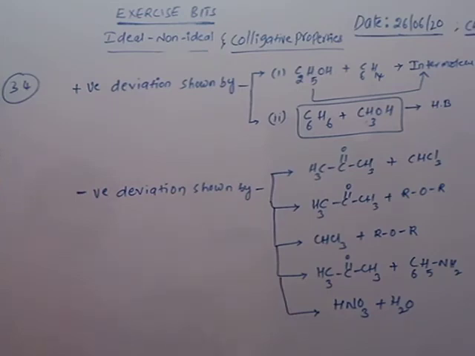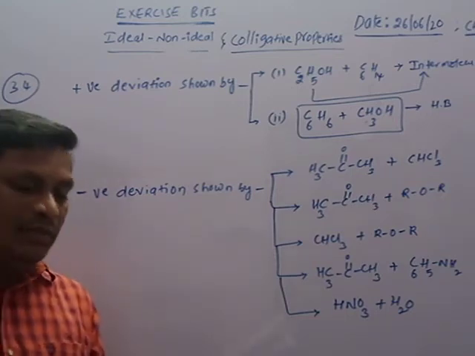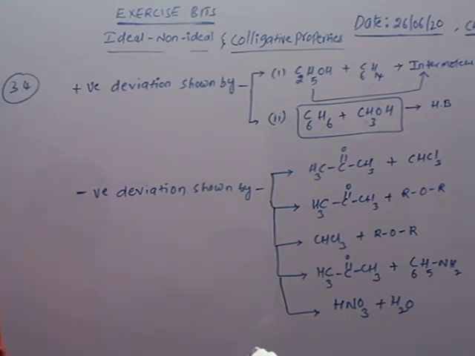Next, question number 35. If liquids A and B form an ideal solution, then what happens? The first option is that the enthalpy of mixture is 0, the entropy of mixture is 0, the free energy of mixture is 0, or the free energy as well as entropy of mixture are equal to 0.